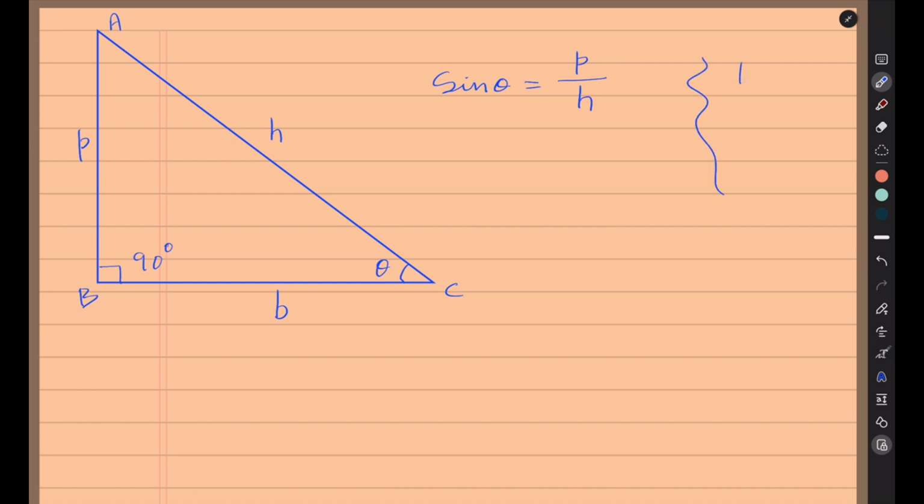So for example, if the length of perpendicular is 10 centimeter and length of hypotenuse is 15 centimeter, then sine theta will be equal to 10 by 15, or 2 by 3, or anything you can assume. And then there is another ratio which is defined as the ratio between base and hypotenuse, B and H, and that is called cos theta.